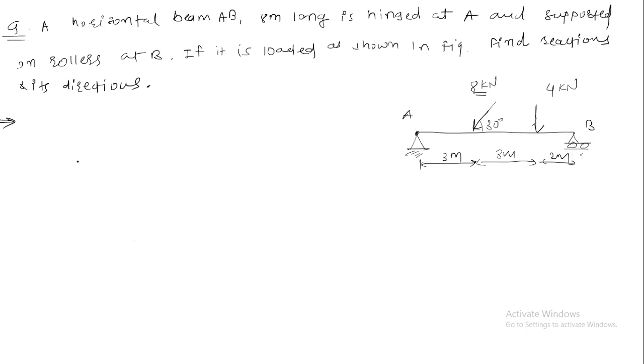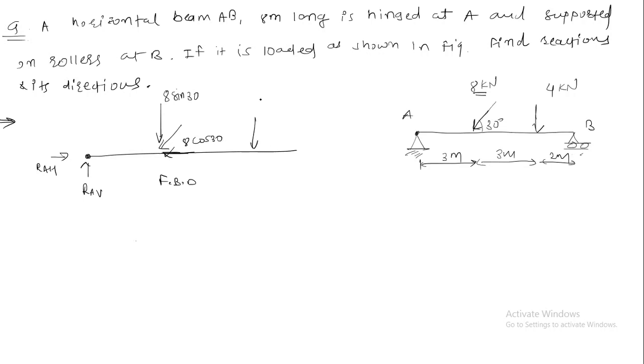So first I will draw the free body diagram of this beam. At point A there is a hinge, so RA vertical and second is RA horizontal. Next is 8 kilonewton. Its vertical component will be 8 sin 30 and one horizontal component 8 cos 30.